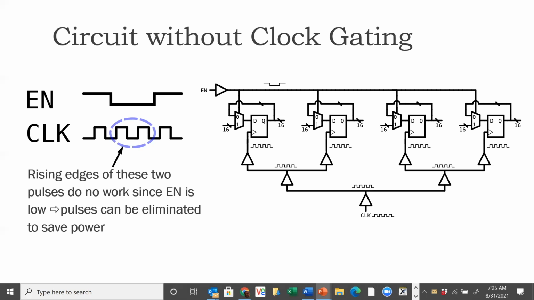And when you have useless clock pulses, which are not changing the state of the logic, the buffers are still dissipating power when those pulses come through. So one idea we can consider is to eliminate those 2 middle pulses and therefore reduce the power dissipation in the clock tree.